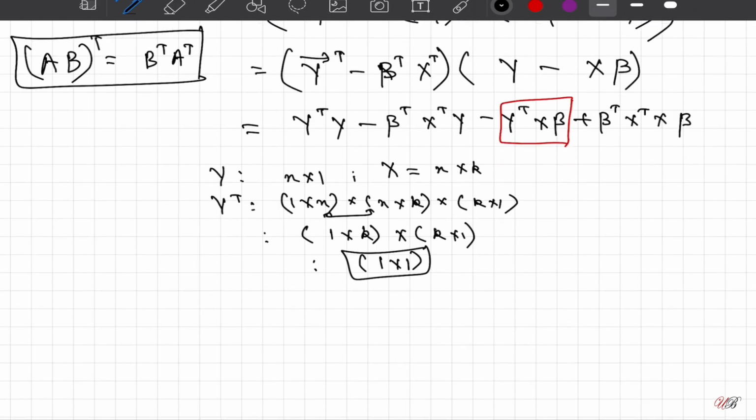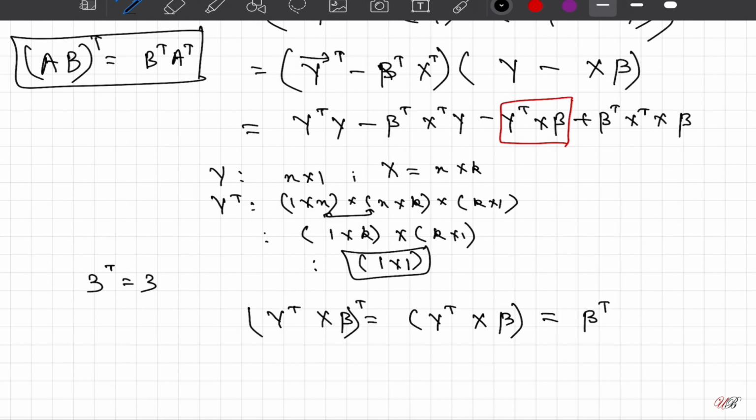For example, 3 is a scalar, and if we take the transpose of 3, we end up with 3. So the transpose of y transpose x beta should be equal to y transpose x beta, which in turn is equal to beta transpose x transpose y.